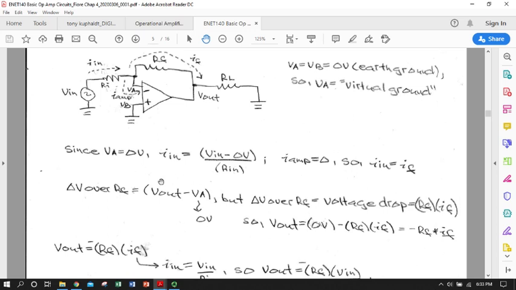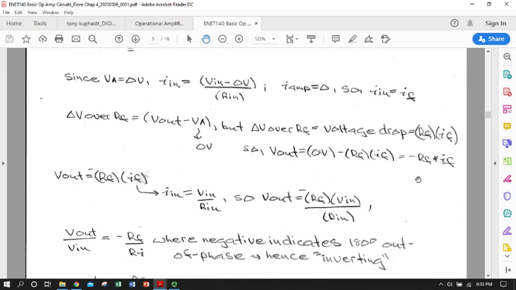This voltage drop will have a magnitude, but it's a drop from here to here. So V out is going to be this voltage minus I F times R F. So V out is V A, which is 0 volts, minus the current flowing through the feedback resistor. And that's where you get the negative sign. So V out is equal to negative R F times I F.